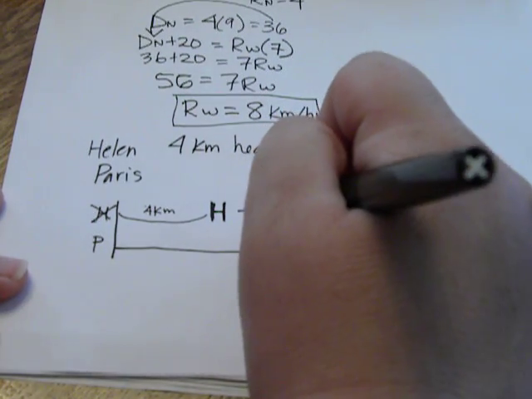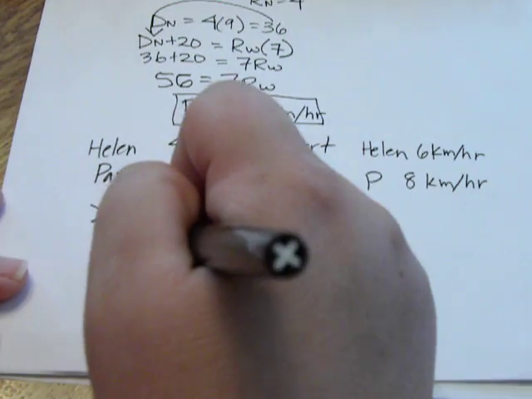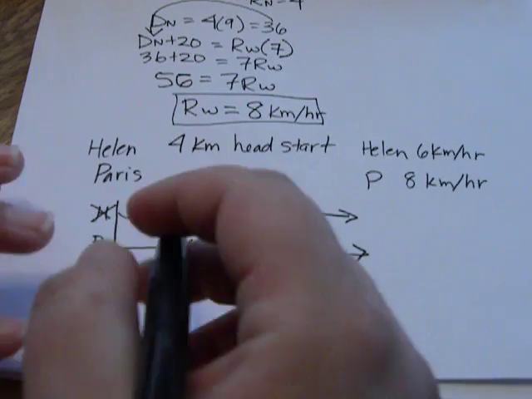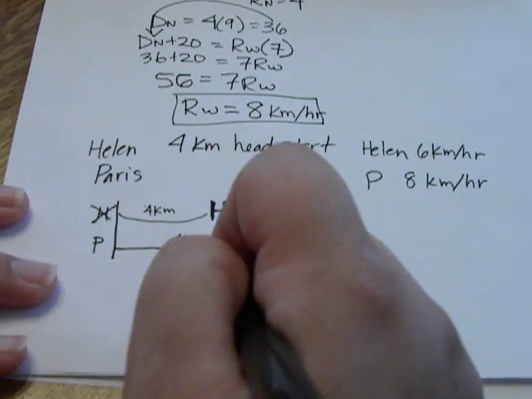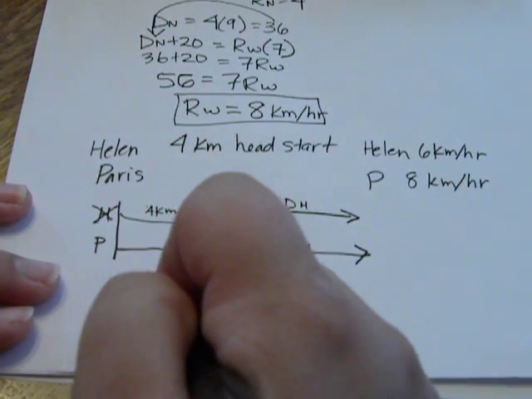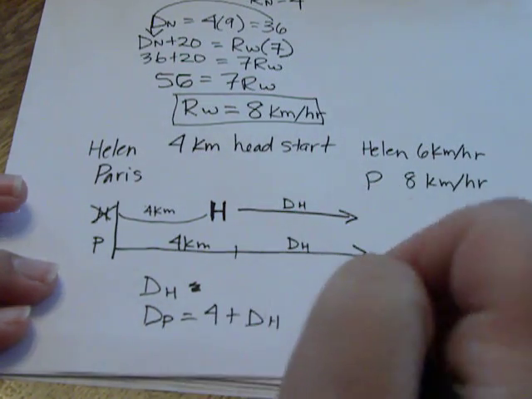If we say this is the distance of Helen, Paris is the distance of Helen plus that 4 kilometers. So the distance of Paris is equal to 4 plus the distance of Helen.